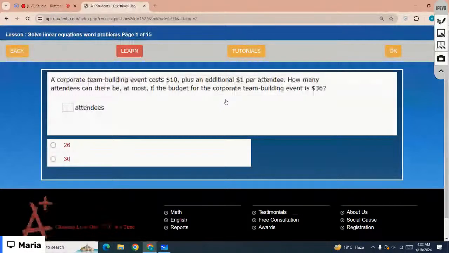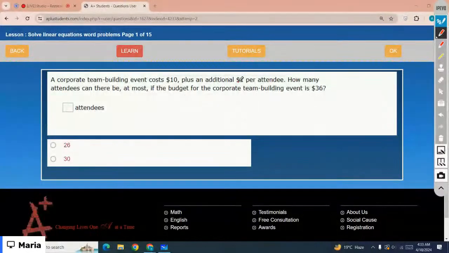A corporate team building event costs $10 plus an additional $1 per attendee. How many attendees can there be at most if the budget of the corporate team building event is $36? So $10 is fixed and $1 per attendee. A is for the attendees, and the total cost of the event is 36.